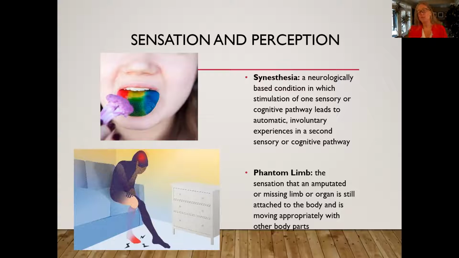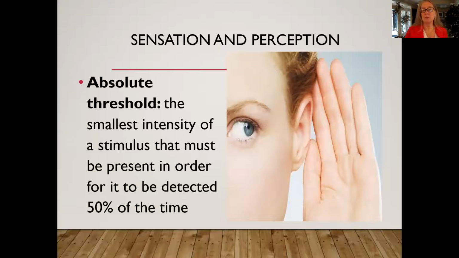I highly recommend that you watch the video on the phantom limb that I have under the supplementary videos for Unit 1. It'll say optional in parentheses next to it, so these are videos if you have time to watch, but the phantom limb one is fascinating. It's a YouTube video. It doesn't last very long and really goes through what happens with phantom limb.